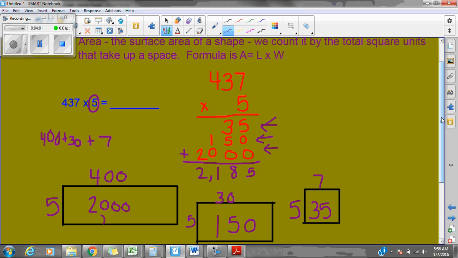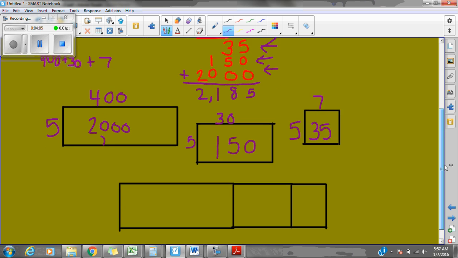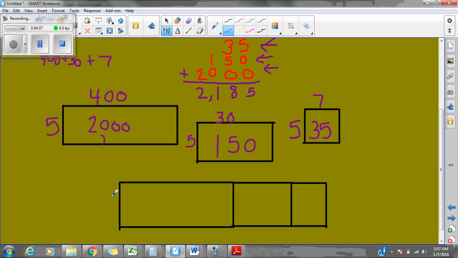Now, instead of writing out 3 different rectangles, you could combine all of your rectangles together in one by having the width 5, the length of the first part be 400, the second part be 30, and the third part be 7. And then still do the same method.